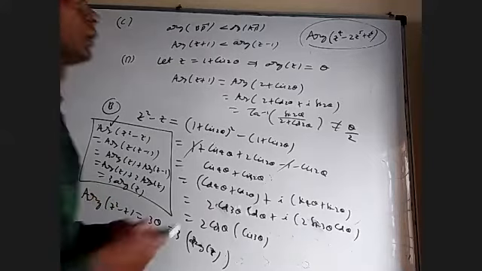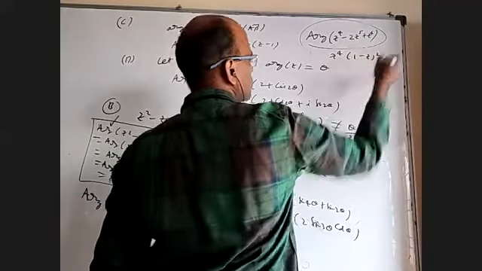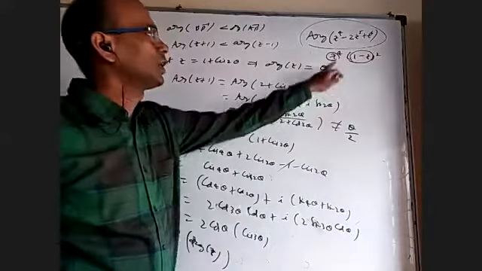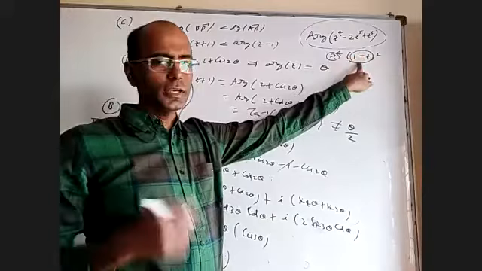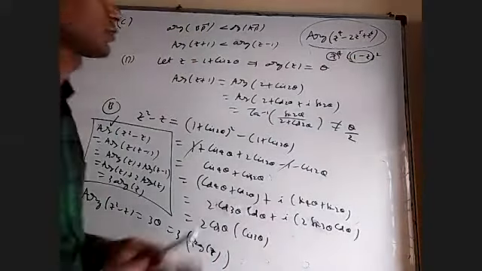Yes. If I take z power 4 common, a perfect square will come, which is 1 minus z whole square. So 4 times this argument, 2 times this argument. That will be 4 argument of z. This is already 2 times, and the square gives 4 times. 4 plus 4 will be 8. 8 times argument.